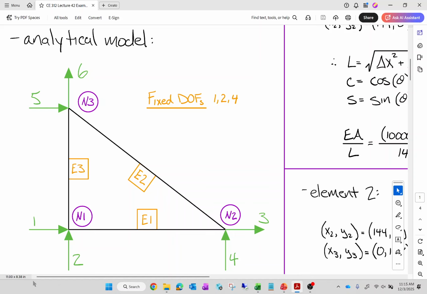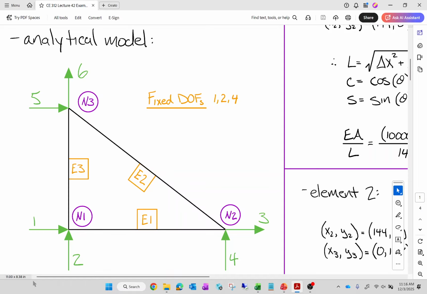I'm going to compute a delta x and a delta y. Now, if you recall in the lecture that we talked about on Monday, we need a systematic way of doing that. The way that we typically do that in matrix analysis is we go from the higher number node to the lower number node. So what that means here is I'm going to do x3 minus x2, y3 minus y2.